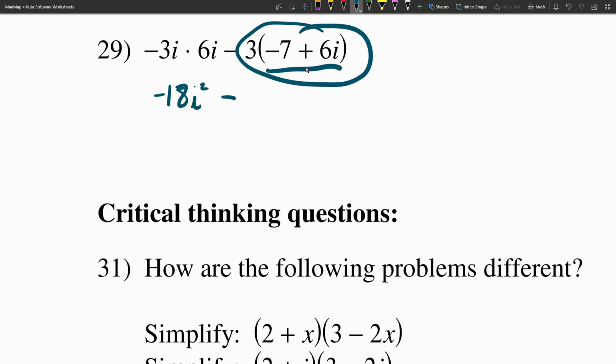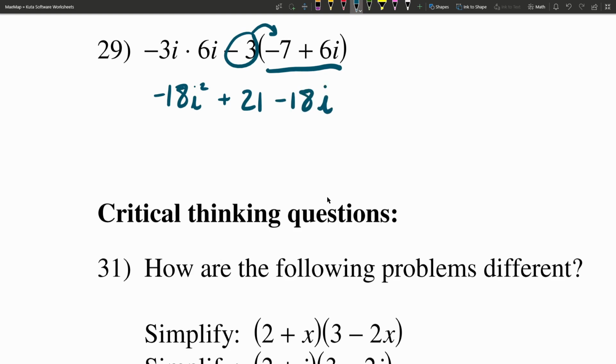So just to make it a little bit easier, what I'm going to do is distribute a negative 3 so that I don't have to worry about my sign later on. So negative 3 times negative 7 is going to be a positive 21, and negative 3 times 6i is going to be minus 18i.